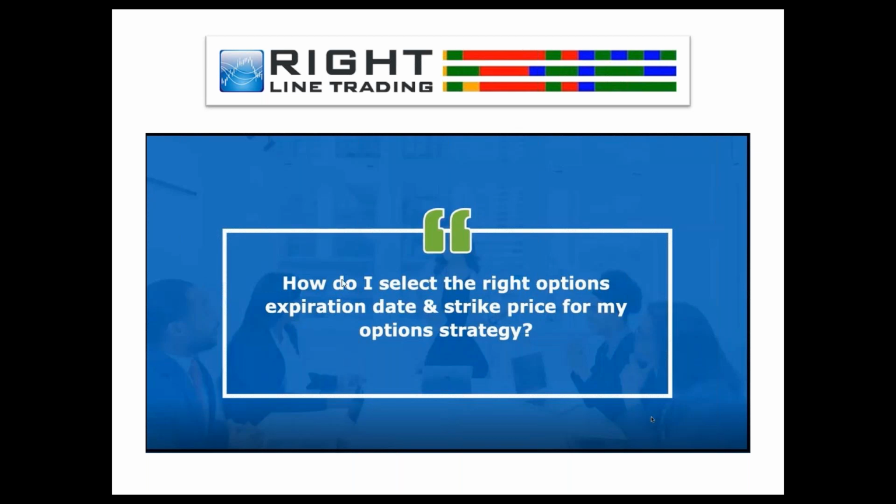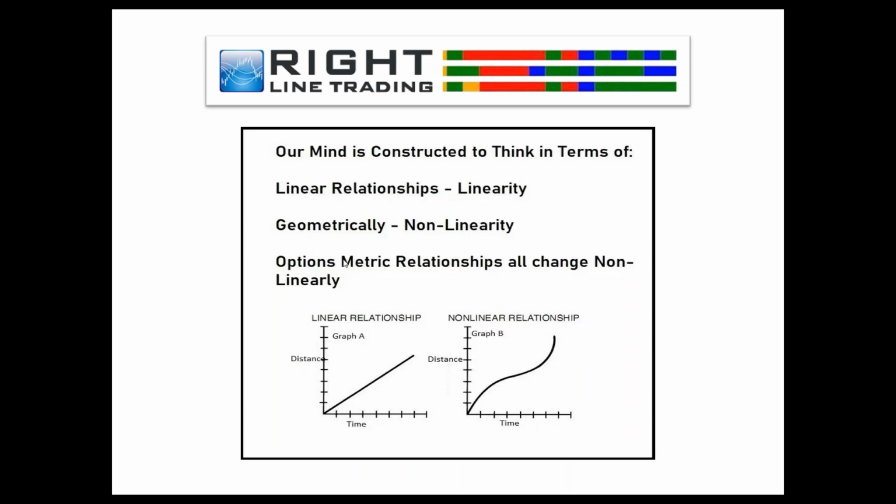Now, trading options is very counterintuitive, and there are two reasons why. One of them is that our mind is constructed to think in terms of linear relationships. As far as we can see in nature, everything has a linear relationship.